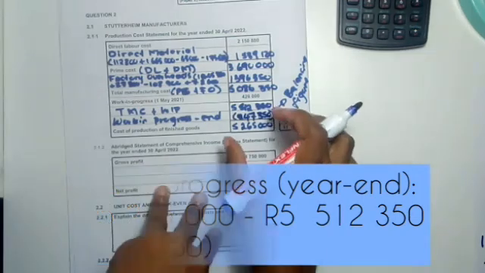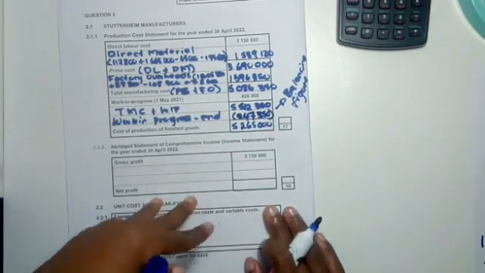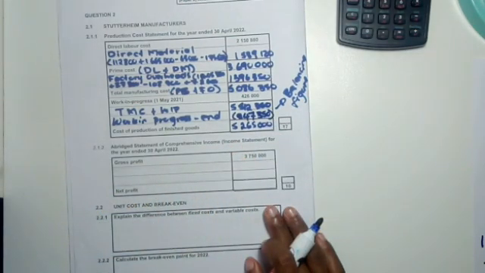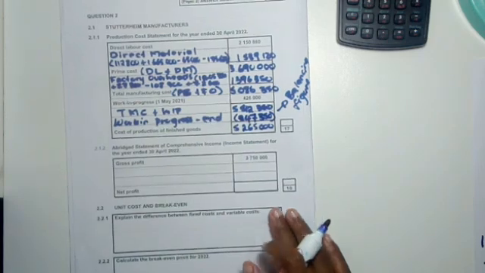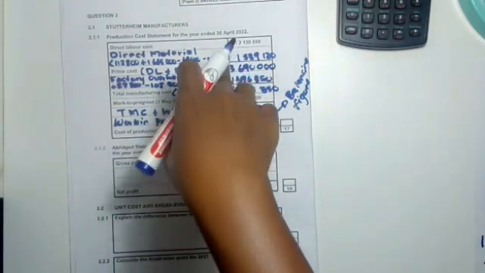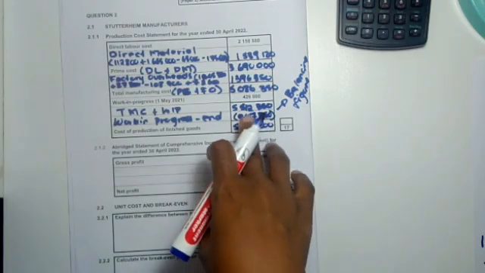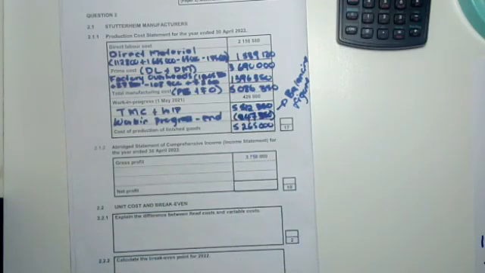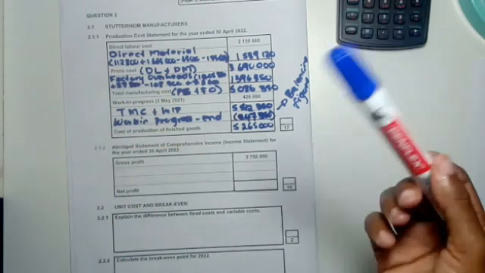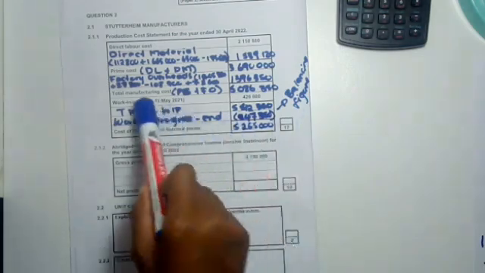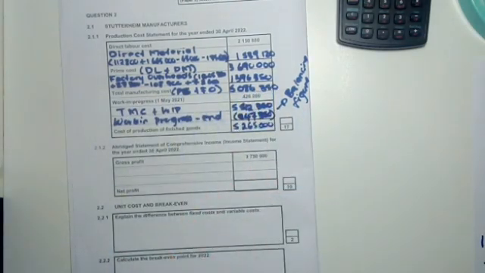It's negative to show that it goes in bracket because again it's work in progress at the end of the year. It's a closing stock, and the same way that we dealt with closing stock and direct material where we subtracted it, we are also going to do the same thing with our work in progress. Our closing stock will always be subtracted because in the following year it is always added like they did here.